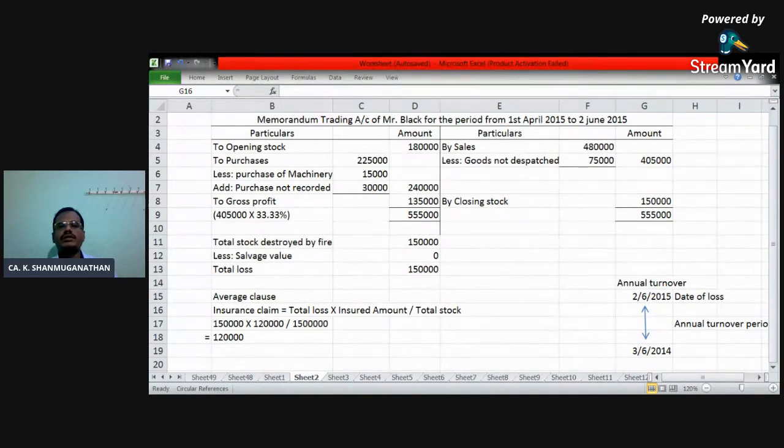Indemnity period. Next line. During indemnity period, the business is severely affected.